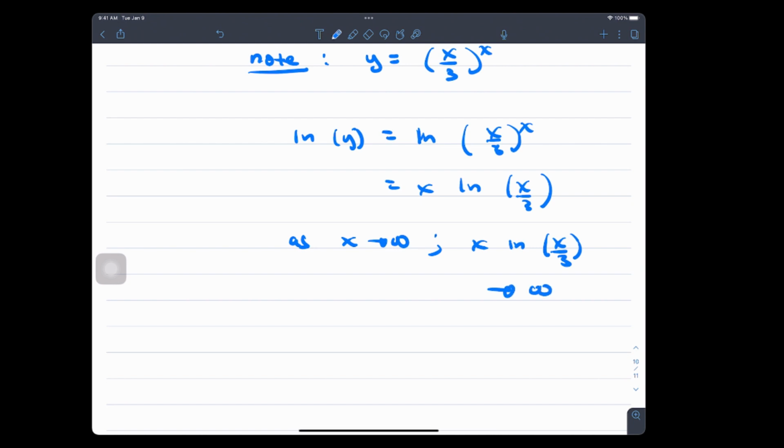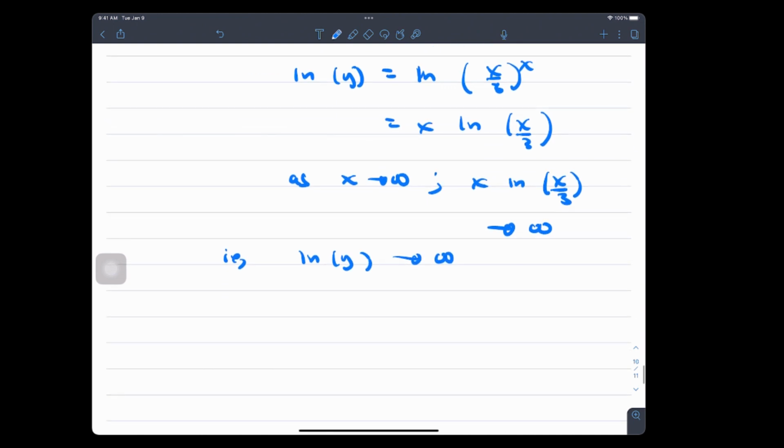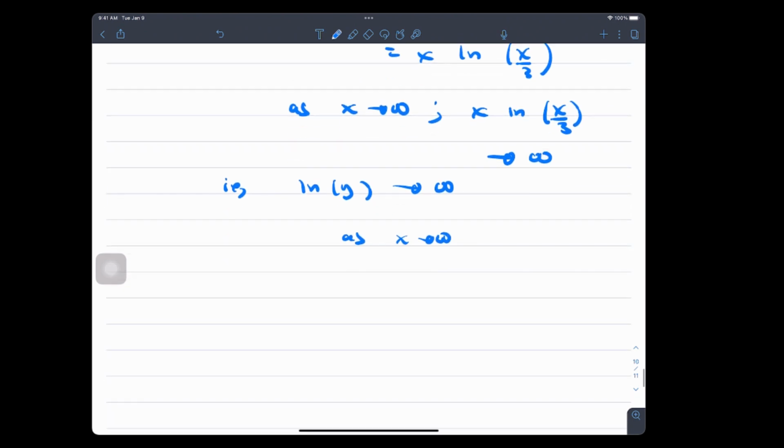Big. Is that true? In other words, natural log y goes to infinity as x gets big. So natural log y, in other words, this goes to infinity. Is that right?